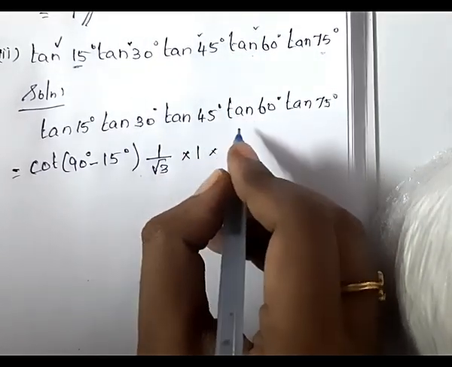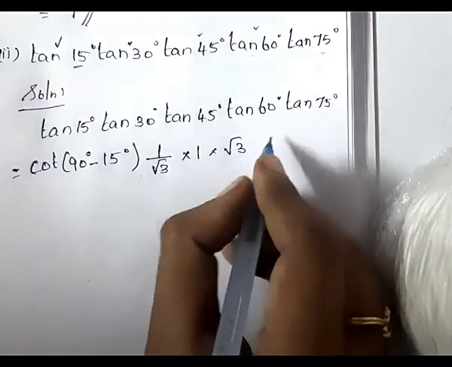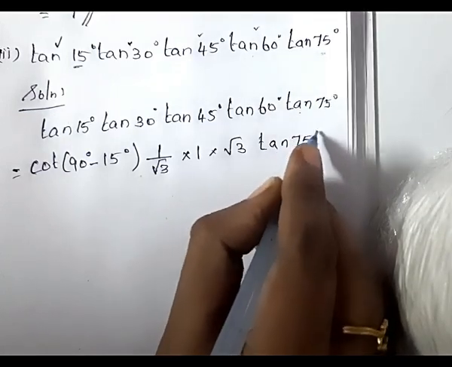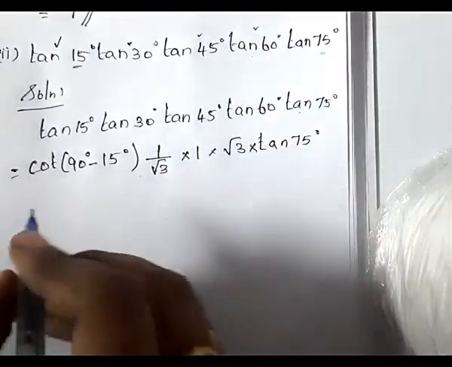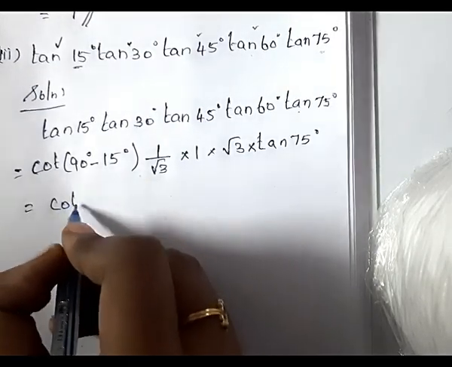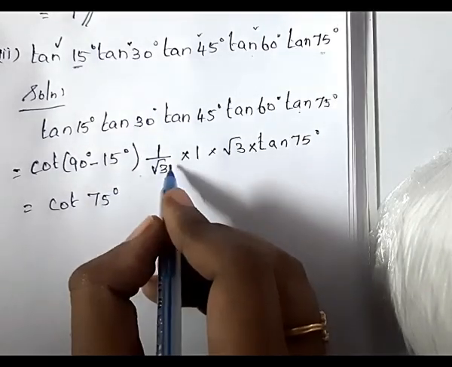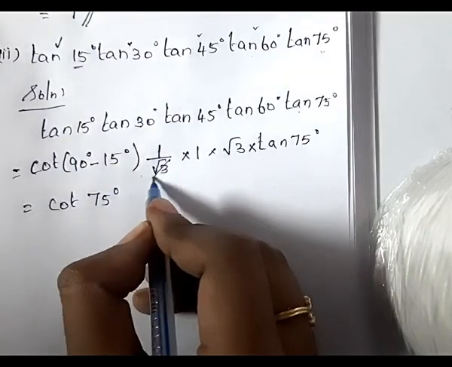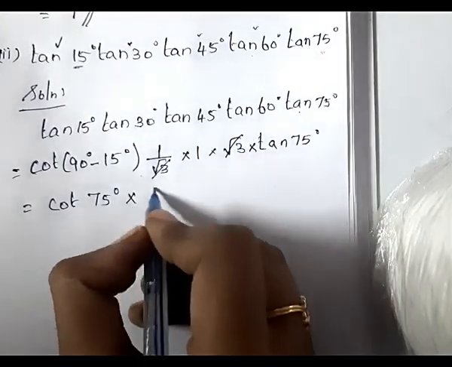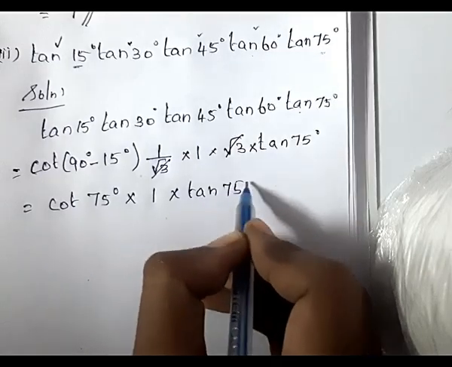Tan 60 degree value is root 3. Then there is no change, just keep as it is. Next, cot (90 minus 15), so 75 degree. Then it is in multiplication, we can cancel. This in numerator, this in denominator, we can cancel. So into 1 into tan 75.